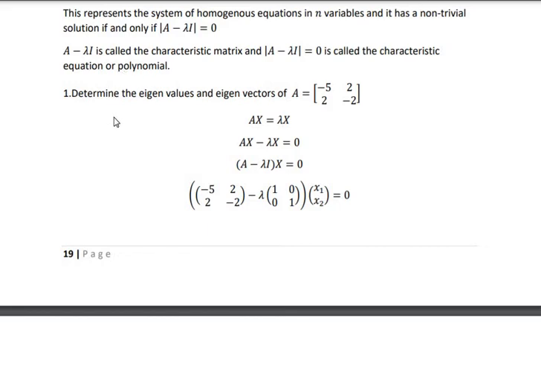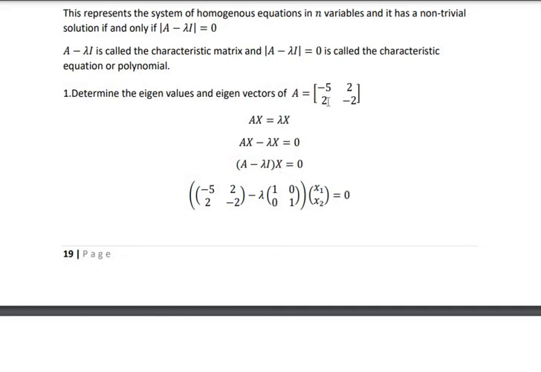We can see one problem. Determine the eigenvalues and eigenvectors of A, a 2 by 2 matrix: minus 5, 2, 2, minus 2. We have AX is equal to lambda X, that is AX minus lambda X is equal to 0. That is (A minus lambda I) times X is equal to 0.